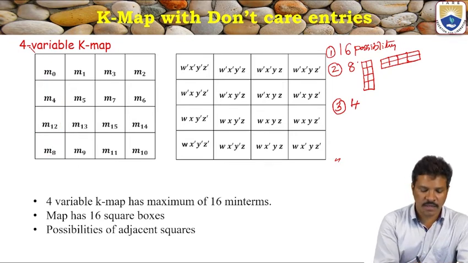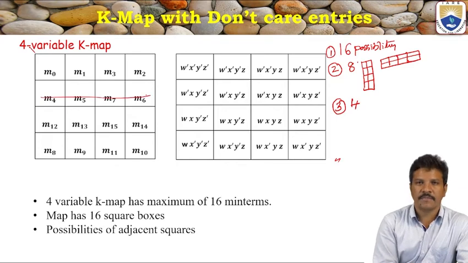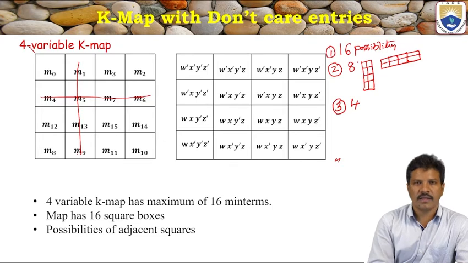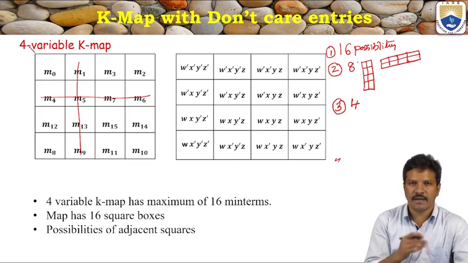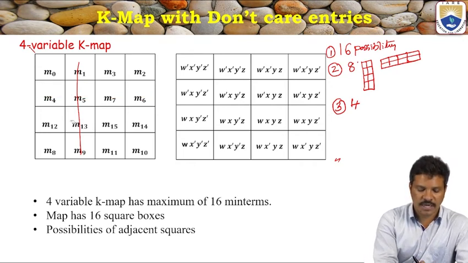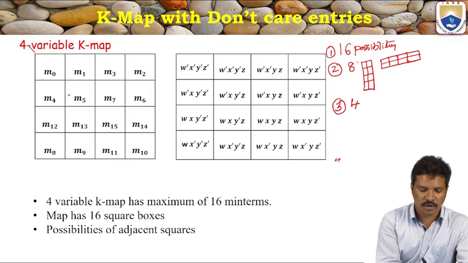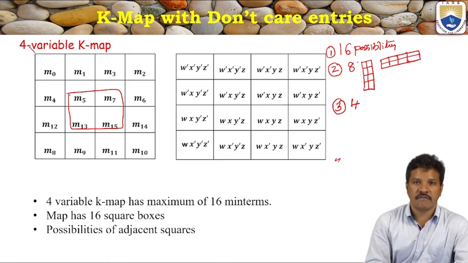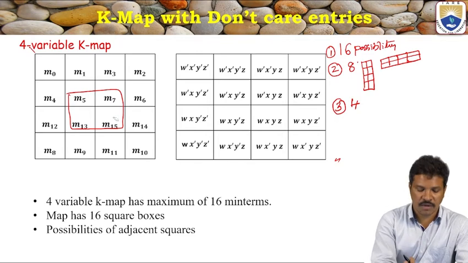Suppose the origin minterm is M5. We can cover horizontally, and vertically if it is possible, all ones on the left and right side, and top and bottom side. So 4 ones are there. Otherwise, in the center we can make one square. In this way we can also cover if all ones are there in M5, M7, M13, M15.